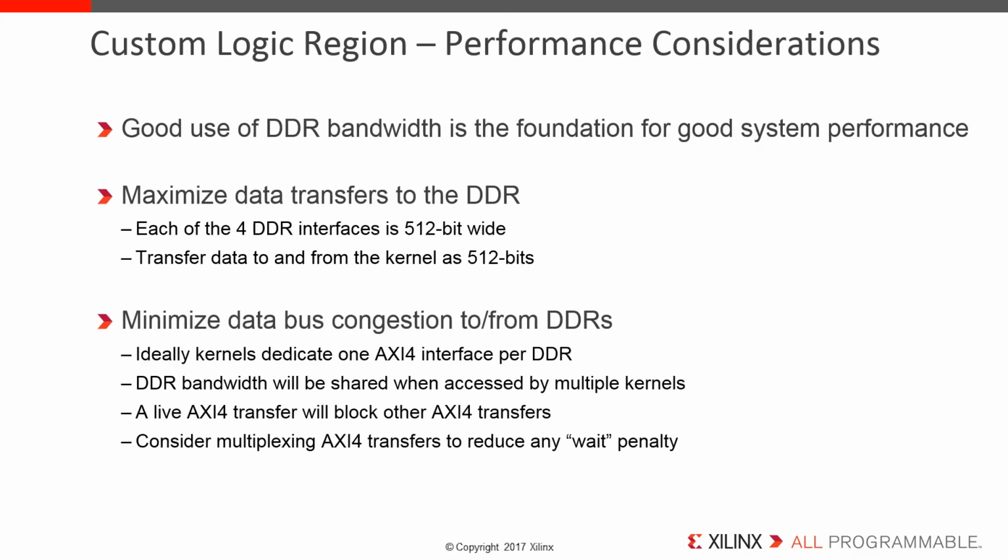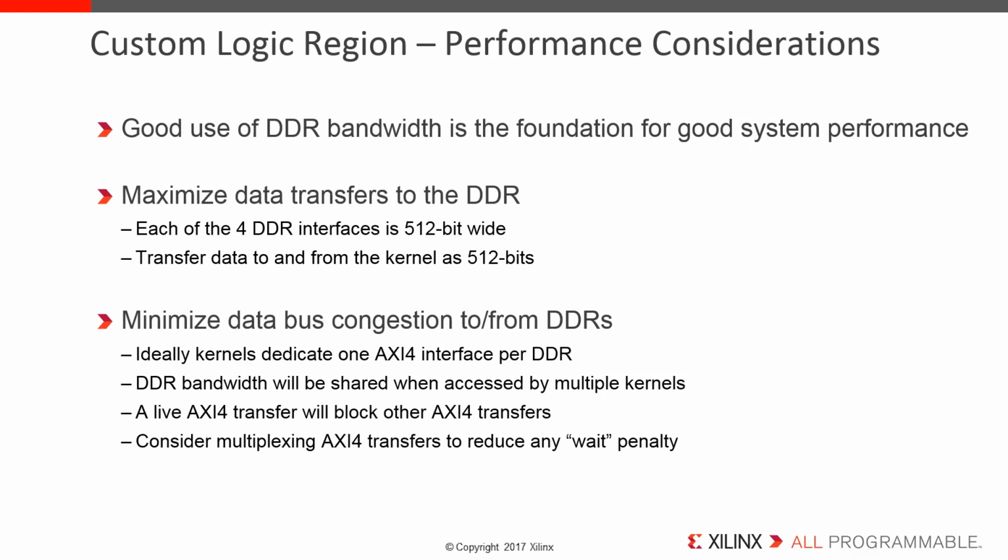To maximize system performance, you really want to ensure you have maximum data transfers and minimize the on-chip congestion. Each DDR is 512 bits wide. Try to transfer data in wide 512-bit words. However, keep in mind each interface can only be driven by a maximum of 16 AXI master buses.